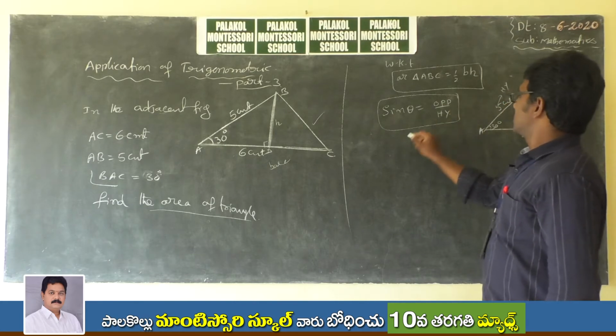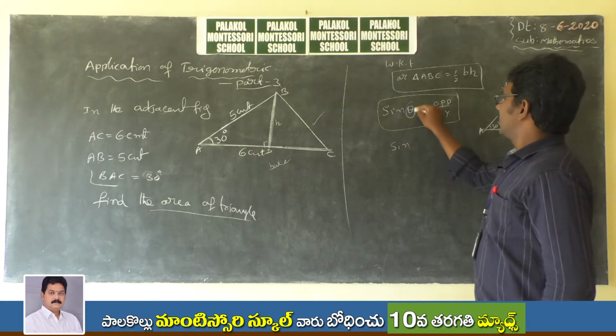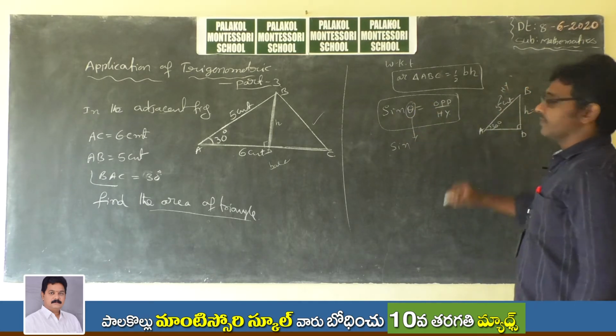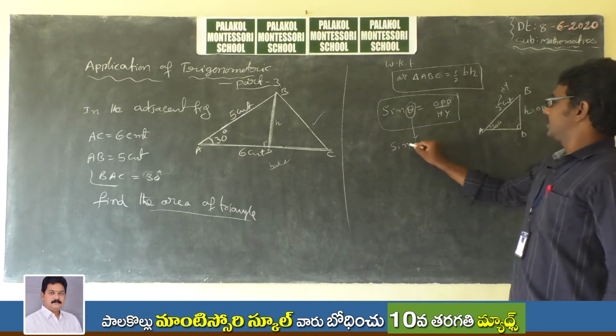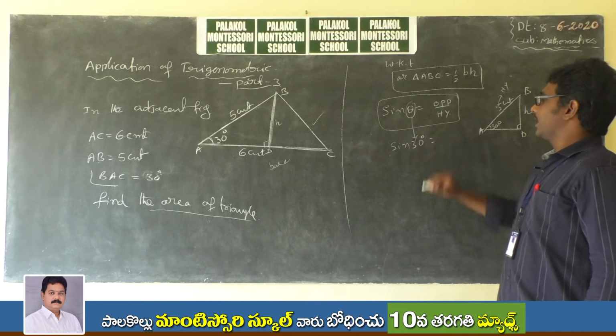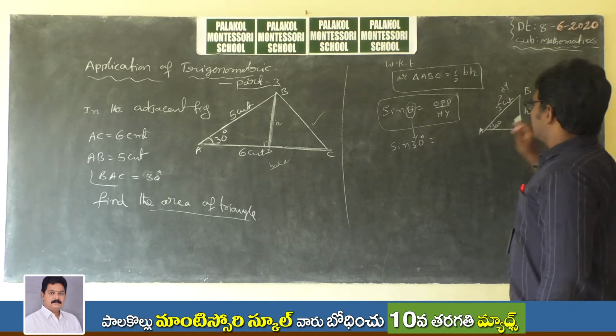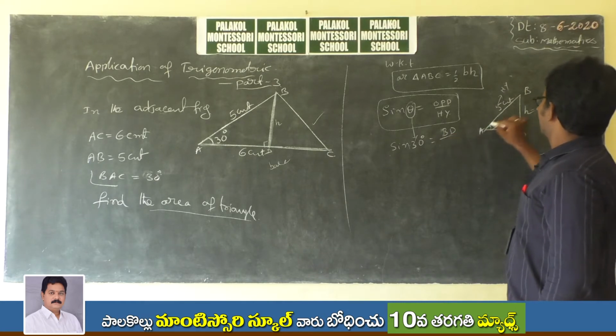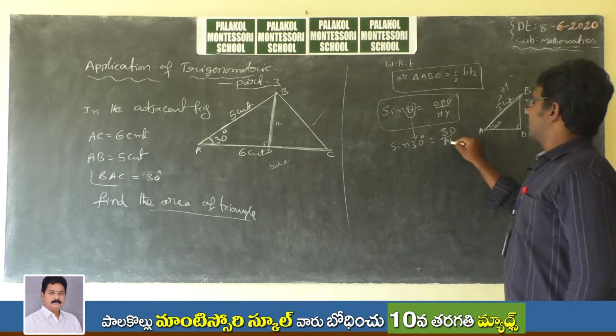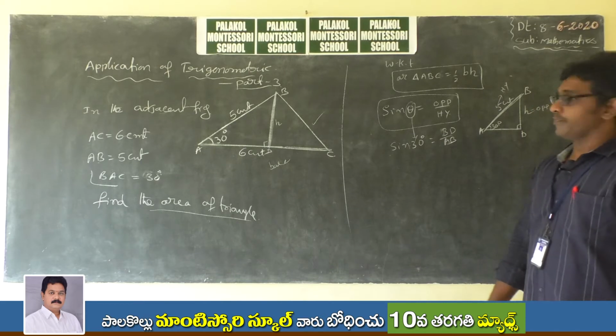Here theta is given in the figure as 30 degrees, so I write sine 30 is equal to BD, the opposite side, by AB, the hypotenuse.